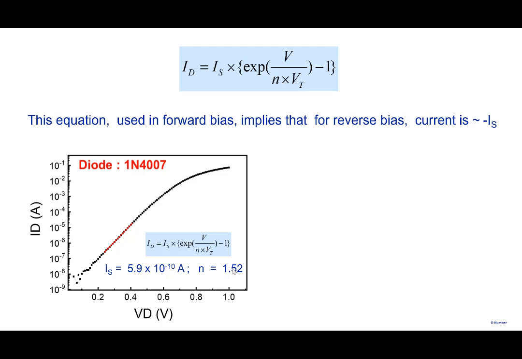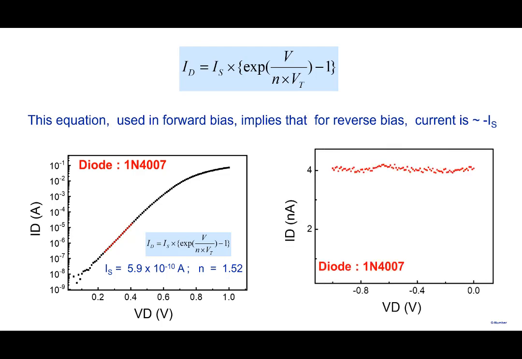But if you do that in the lab, it's a little hard to measure because the current is small. I'm measuring from 0 and going towards minus 1. You can see the current is almost constant, and there's a little bit of noise here because the current is low.